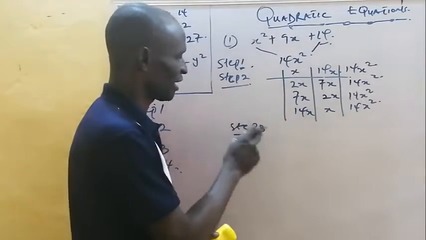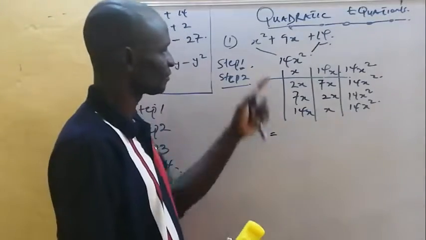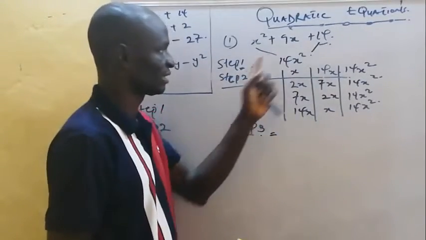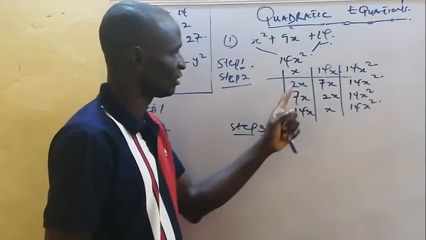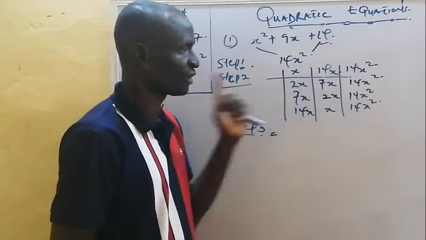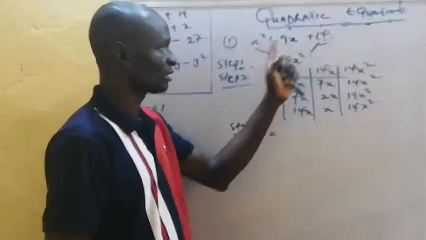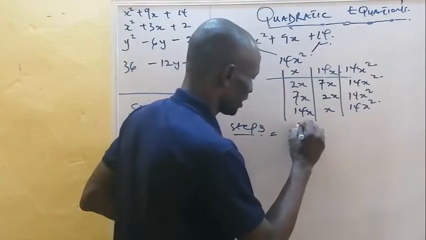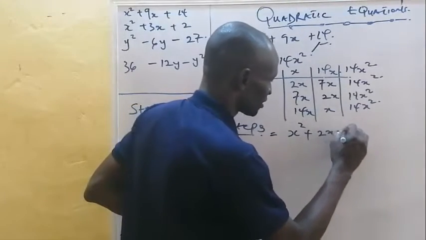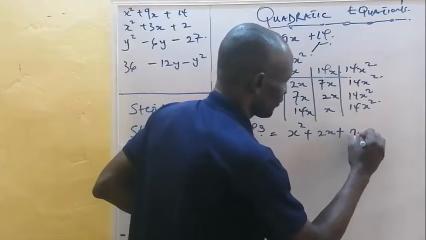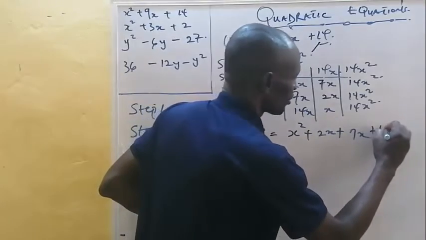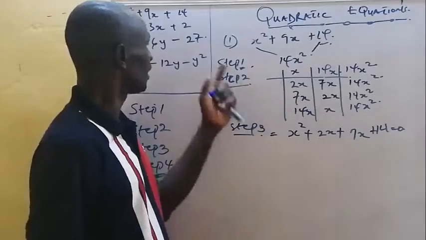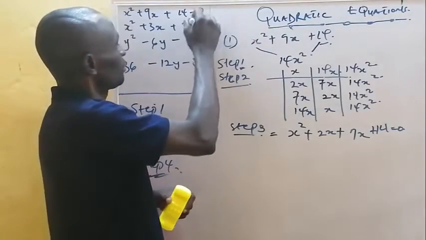Then, my step 3, I am picking x plus 14x, that's 15x. It will not give me 9x. 2x plus 7x, that's what? 9x. So, my step 3 says I'm picking x² + 2x + 7x + 14 = 0.